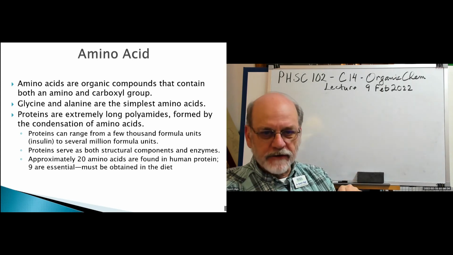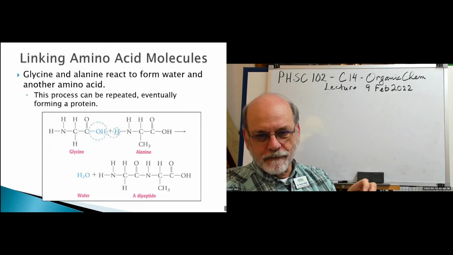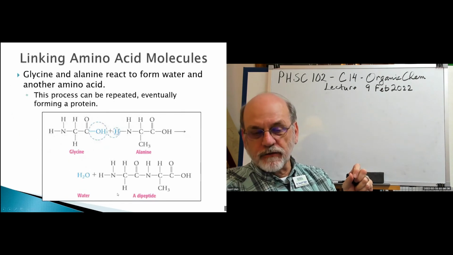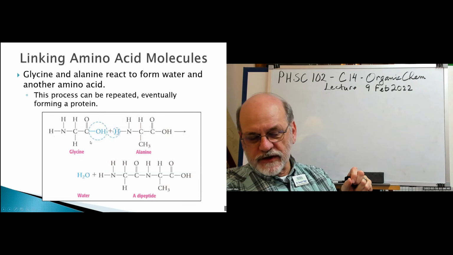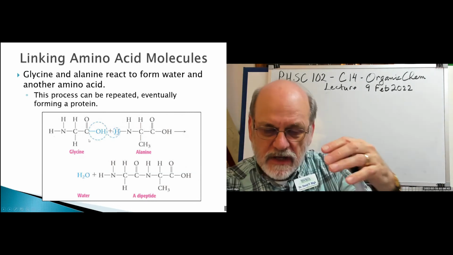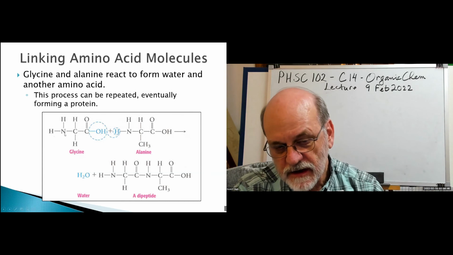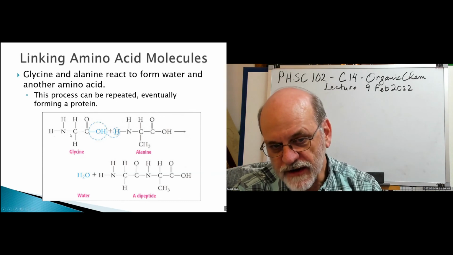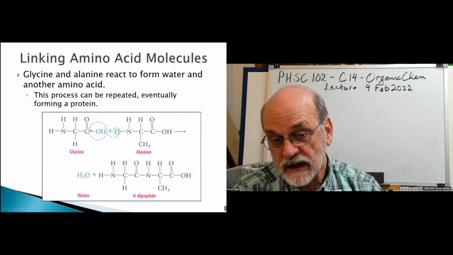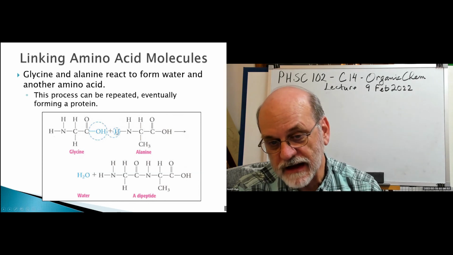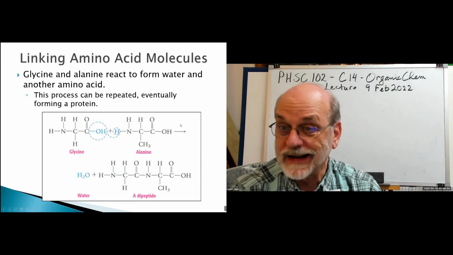Okay, enough said about that. This is the linkage that forms. So for this glycine, it's rearranged. The positions are arranged so that we get the amine group on this side of the alpha carbon and the carboxylic acid on the other side, so we can string them together in a straight line.